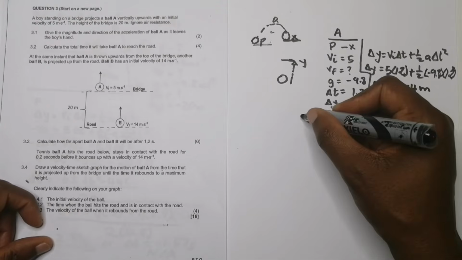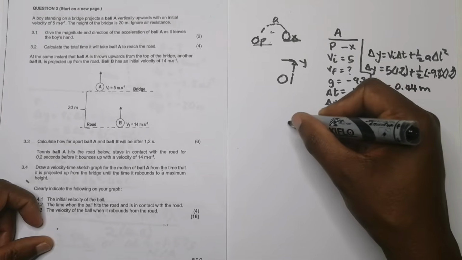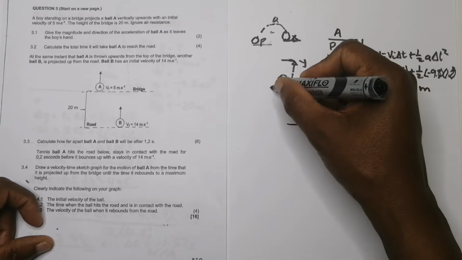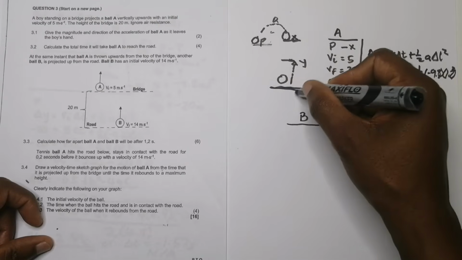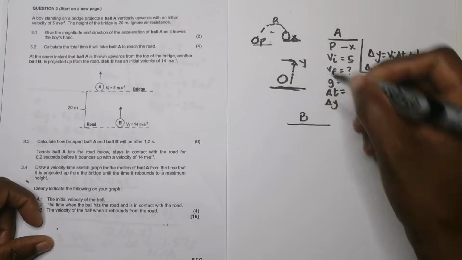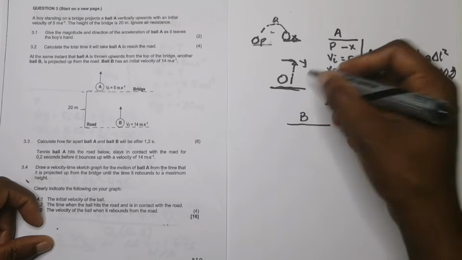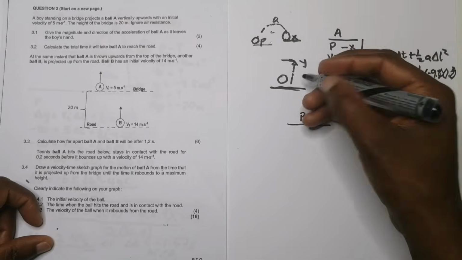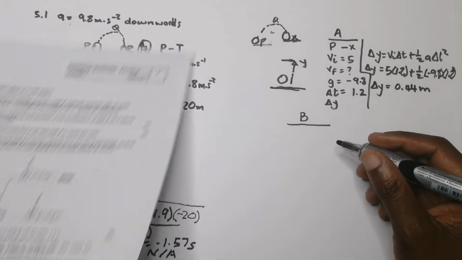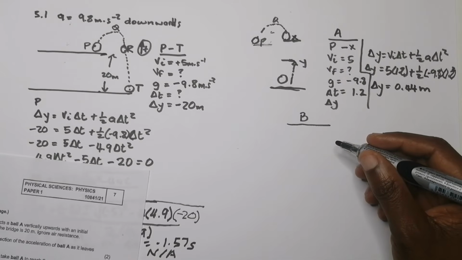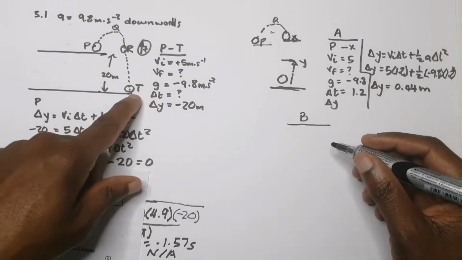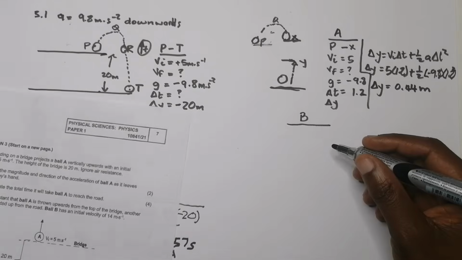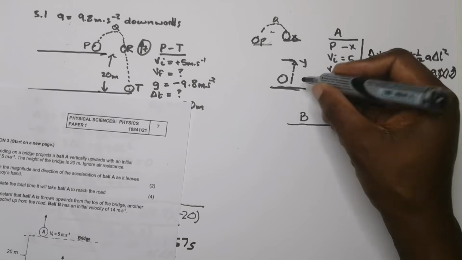Now let's look at ball B. We're talking about ball B from the moment it left the road up until point Y. Remember we had called this PQR, well, I called it T. Someone doesn't know their letters of the alphabet, eh?